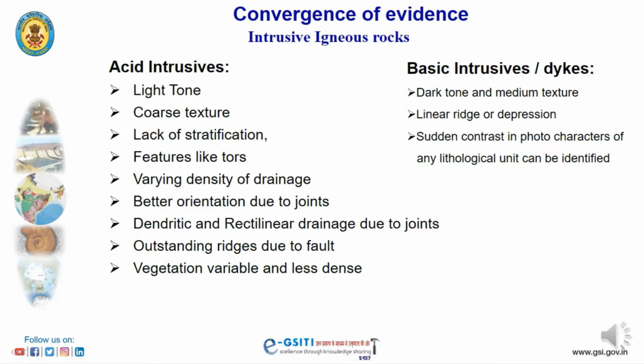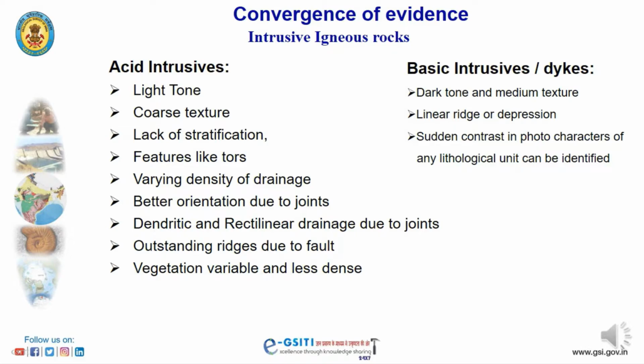Convergence of evidence for intrusive igneous rocks. Acid intrusives generally have light tone, coarse texture, and lack of stratification. Features like tors are visible from the satellite imagery. They have varying density of drainage, with better orientation due to joints. Dendritic and rectilinear drainage due to joints are visible.